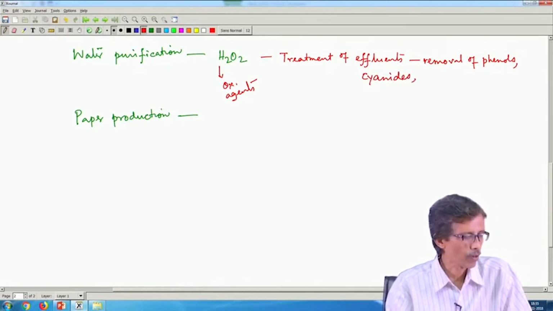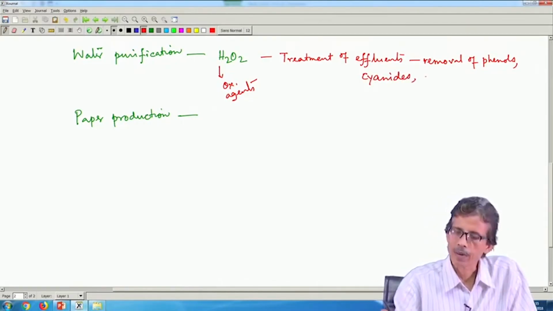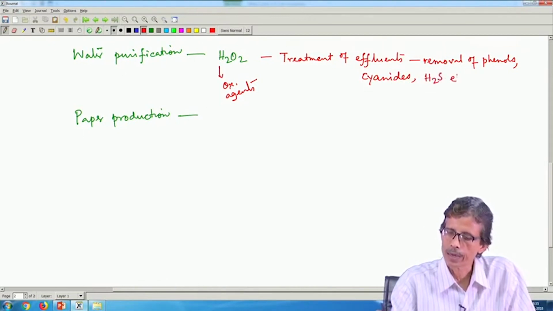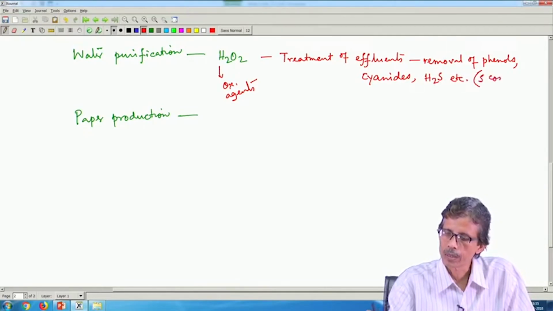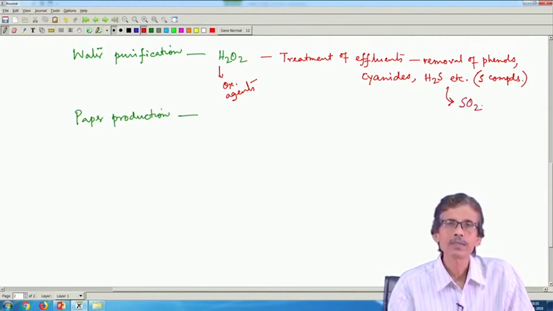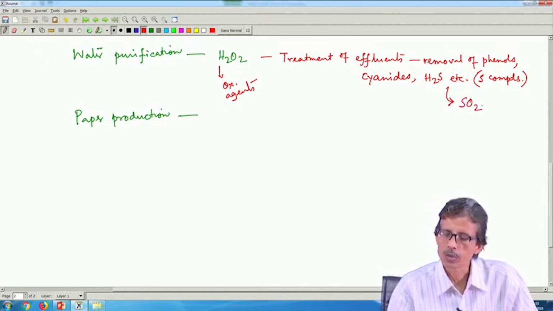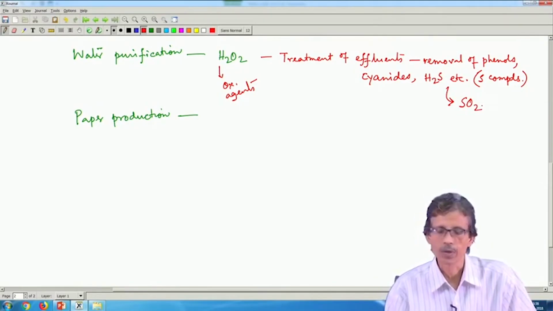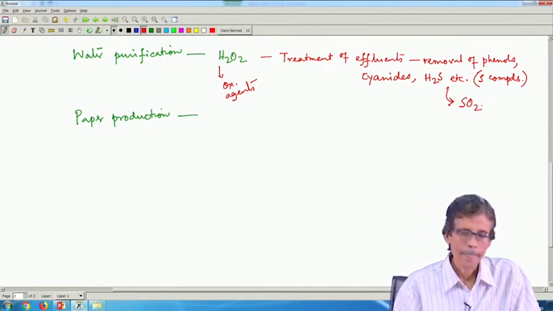cyanides through cyanate formation and the sulfur compounds like H2S, etc. That means all different types of sulfur compounds are converted to sulfur dioxide through this mechanism. So, contamination from H2S or any other sulfur compounds can be removed.